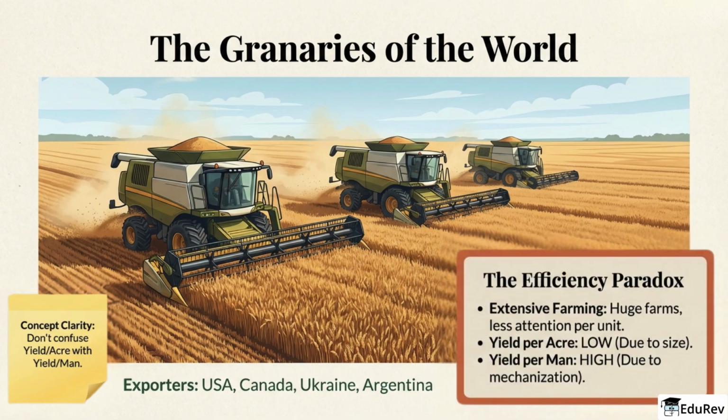These are areas of extensive farming, very large farms with less attention per unit area. So yield per acre is relatively low. But because farming is heavily mechanized, yield per man is very high. That is the efficiency paradox of these regions. Mechanization changes the economics completely.